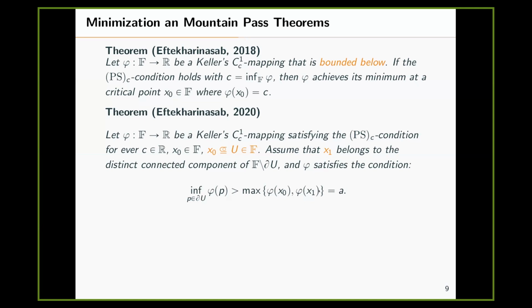So visually, it produces a valley at these two points, x_0 and x_1, and a mountain around the boundary. That's why it's called the Mountain Pass theorem.